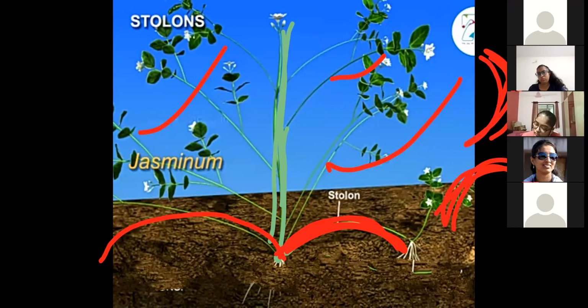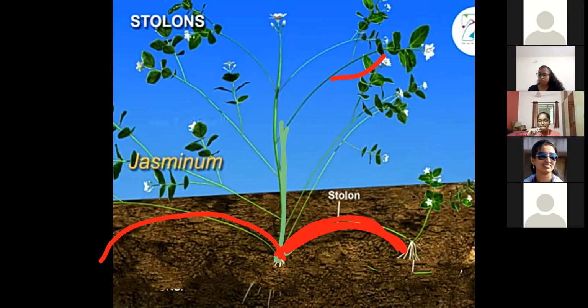Remember, if the arc-shaped word is given for plant vegetative propagation, blindly go with stolon. The main feature of stolon is that arc-shaped branch formation. Bending, arc-shaped bending, right?